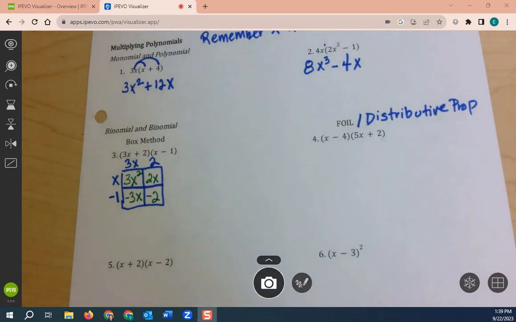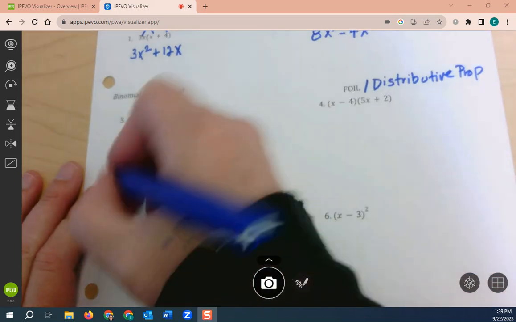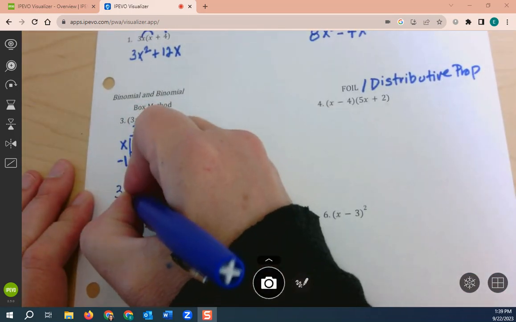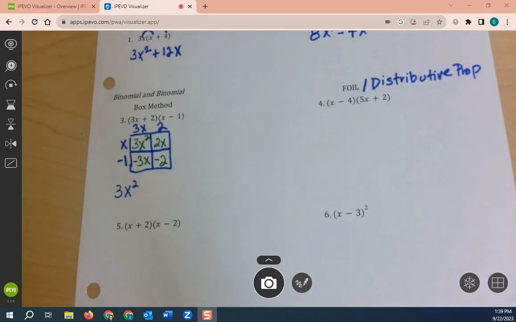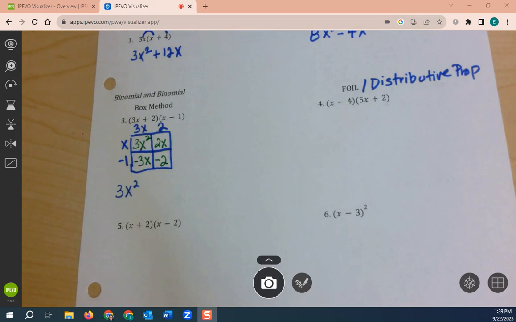When we write in standard form, you write the one with the biggest exponent first. So what's the one with the biggest exponent? 3x squared. Okay, and then we write the one with the next exponent, and we have two of them. So what we're going to do is combine like terms.